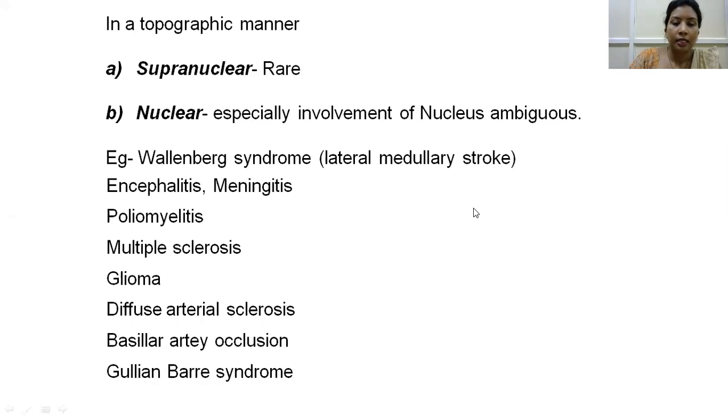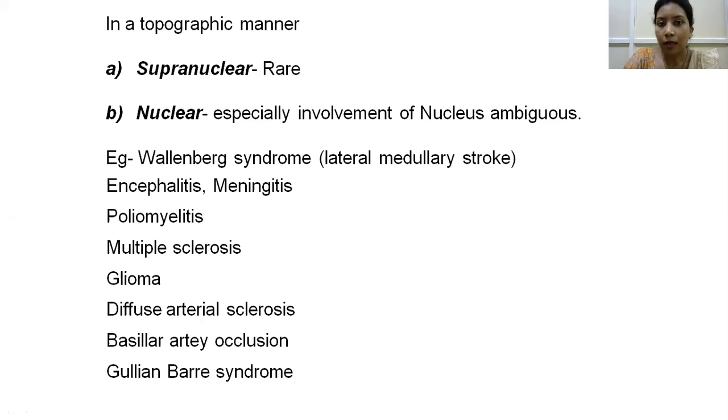This could be seen in conditions such as lateral medullary stroke, in encephalitis or meningitis, that is inflammation of the brain parenchyma or the meninges, poliomyelitis, multiple sclerosis. Multiple sclerosis is a demyelinating disorder of the nervous system. It affects the nerve sheaths, so the transmission of impulses through the nerves is affected eventually.